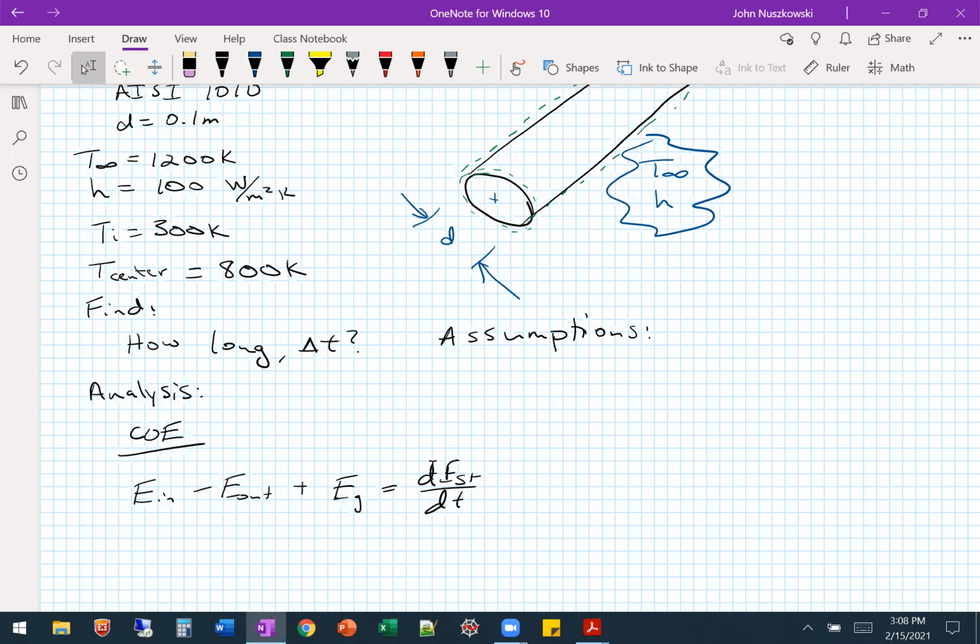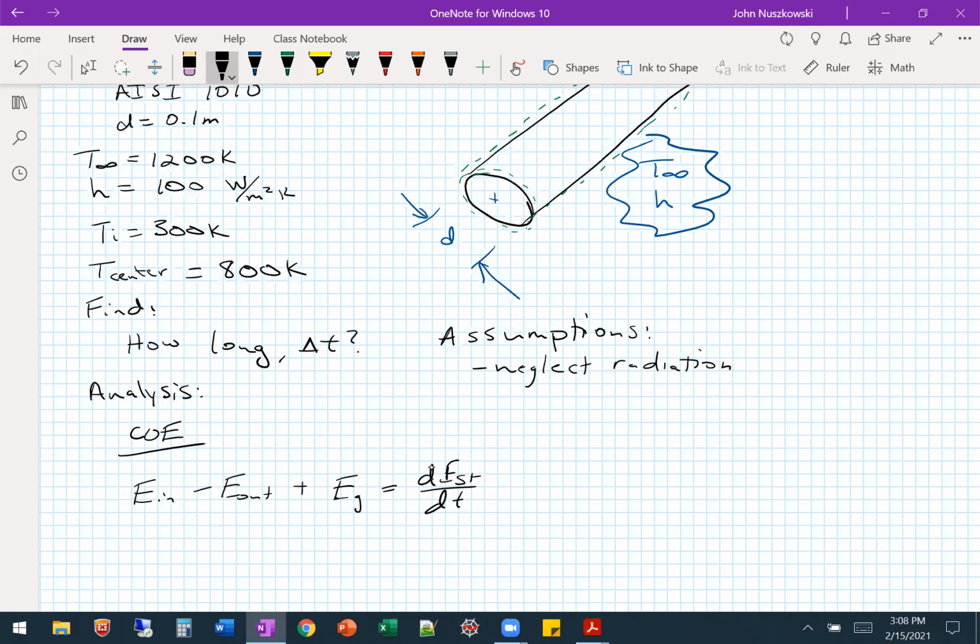We just have convection given to us, so we're neglecting radiation. We actually only have a convection-only problem. We don't have an applied heat flux or an energy generated term given.